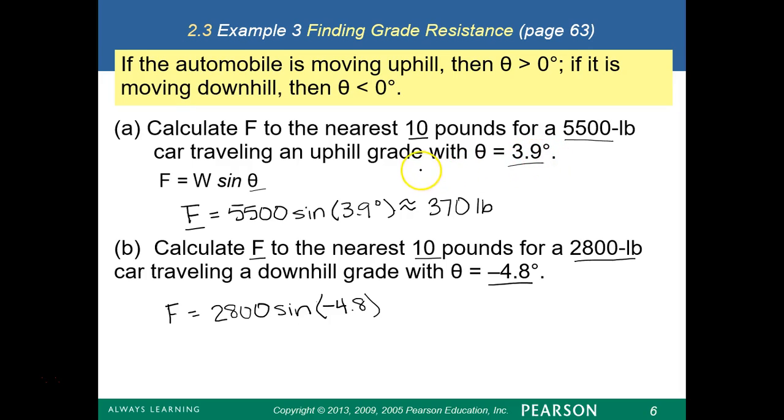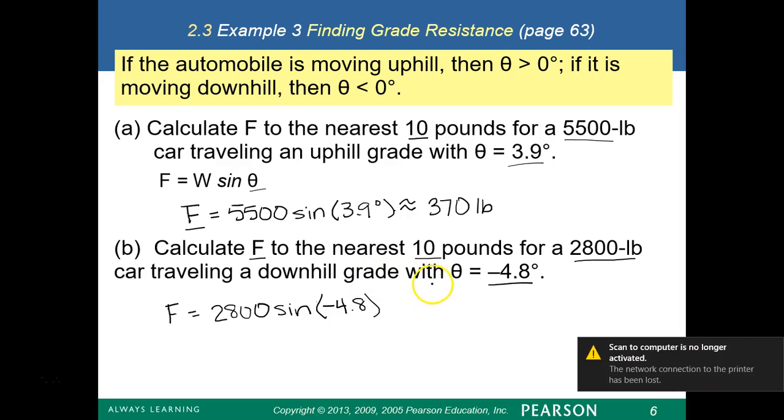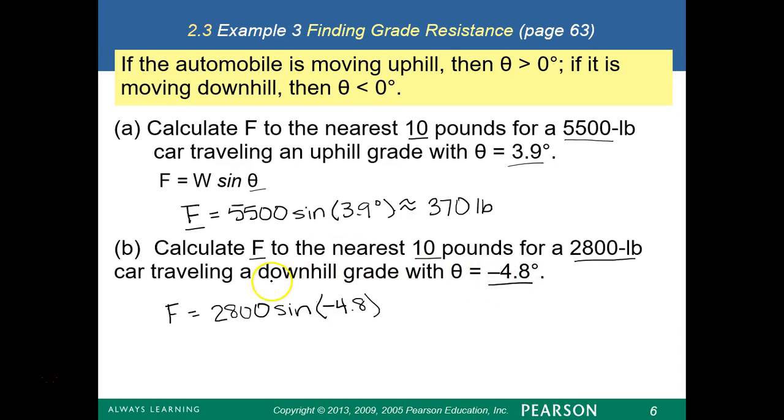Now in these examples, it tells you the uphill with theta equaling 3.9. Now if it said an upgrade hill of 3.9 degrees, our degrees is going to stay positive. And if you're given a problem in your book that says traveling on a downgrade of 4.8 degrees, well, if it says downgrade, then you need to put a negative on your degrees whenever you are plugging it into this formula.